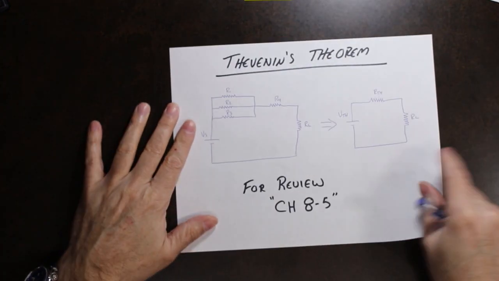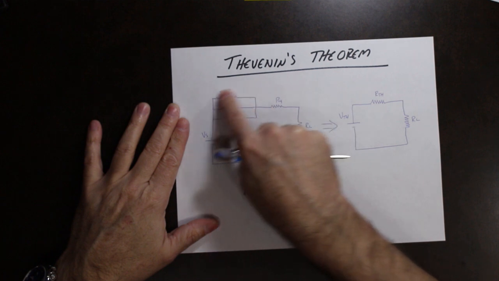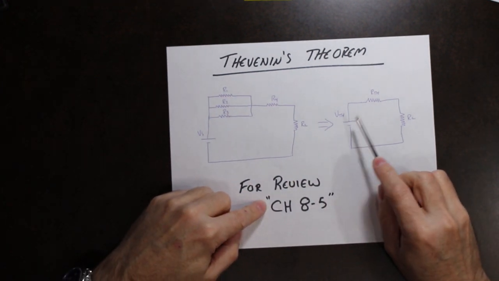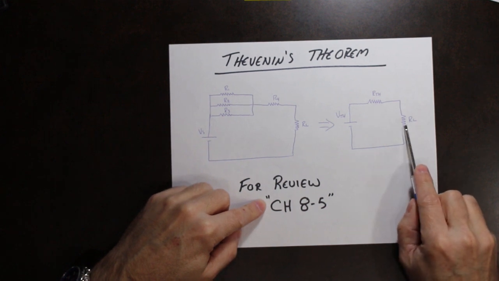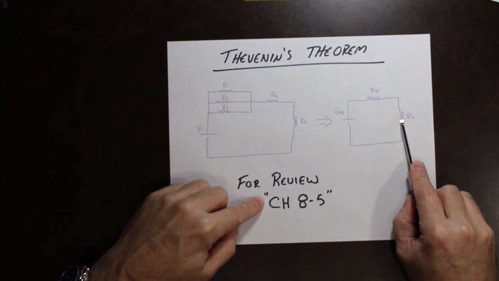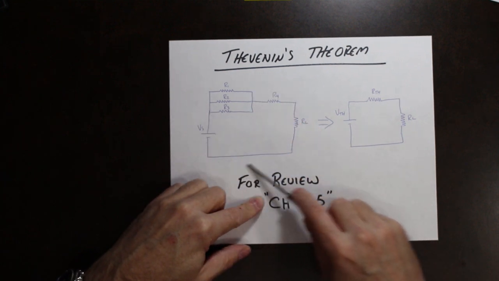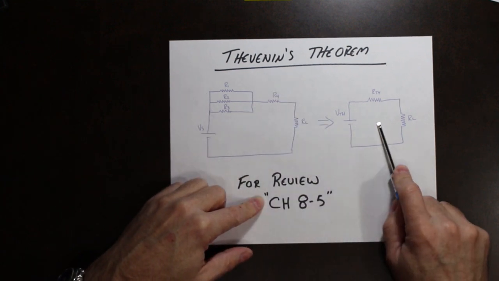In Thevenin's, which we've already covered, Thevenin's equivalent theory, basically we're taking a complex circuit and simplifying it down so that we have a voltage source and two resistors in series. There's a procedure we go through to convert this into this.